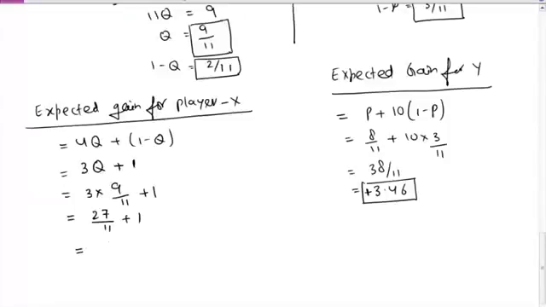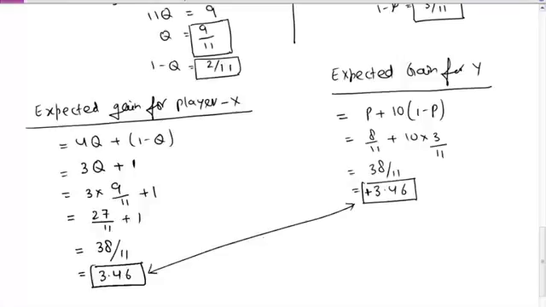If you simplify this, you get 38 over 11, which is the same number we got earlier, 3.46. These two numbers are obviously the same, because this is a zero-sum game. Whatever player X gains, the same thing is lost by player Y. And whenever we see a positive number for player X, it means it is a gain. And if we see a positive number for player Y, it is a loss.